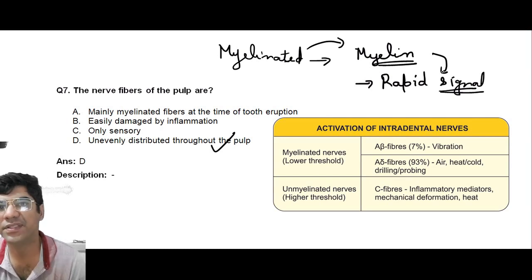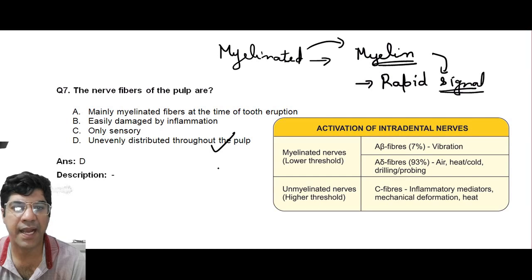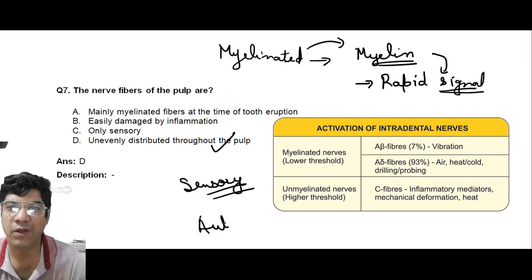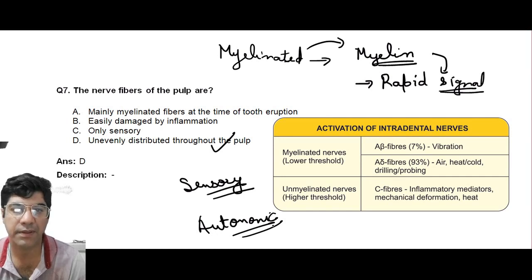So the nerve fibers in the pulp act in both sensory and autonomic function. Sensory nerve fibers transmit pain and sensory information, while the autonomic fibers regulate functions like blood flow and immune response within the pulp.